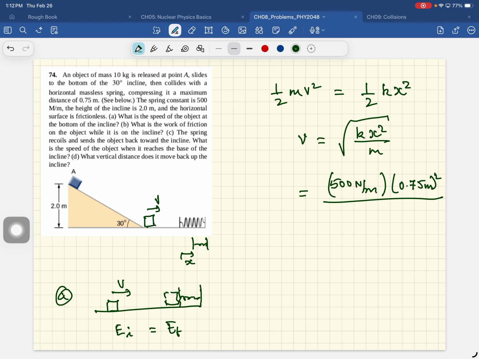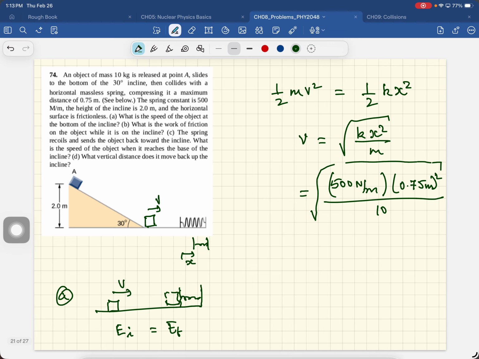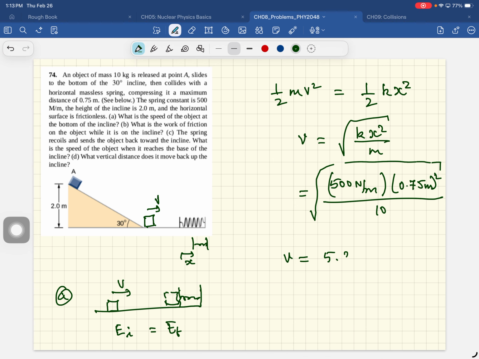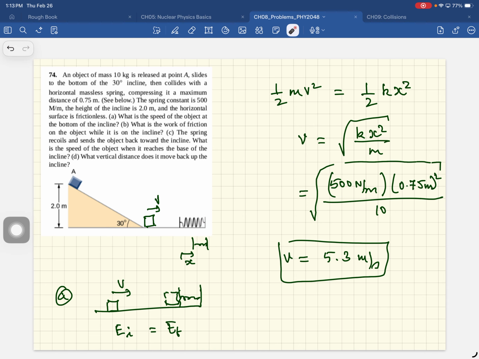The mass is 10 kg. So at the bottom, it's going at 5.3 meters per second.